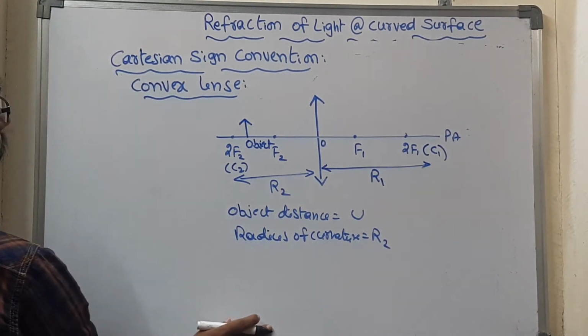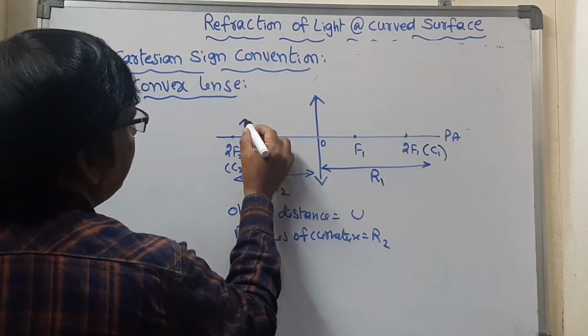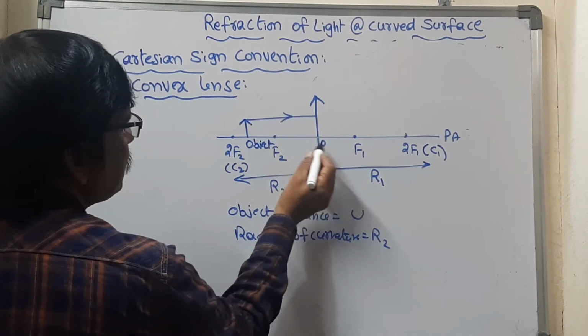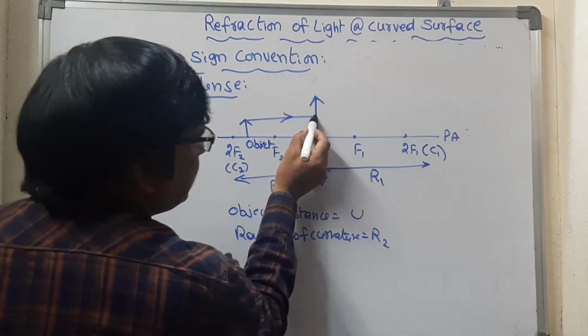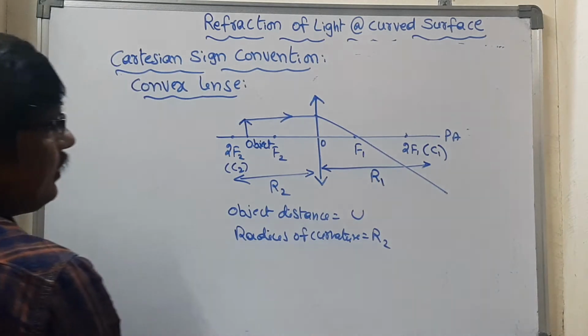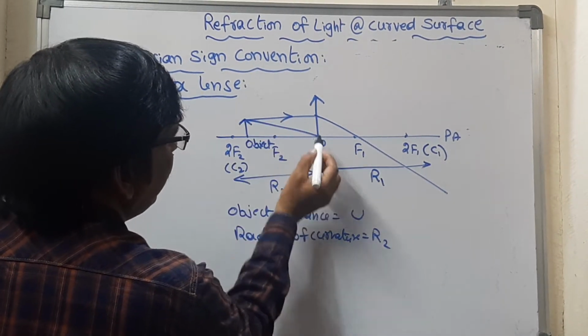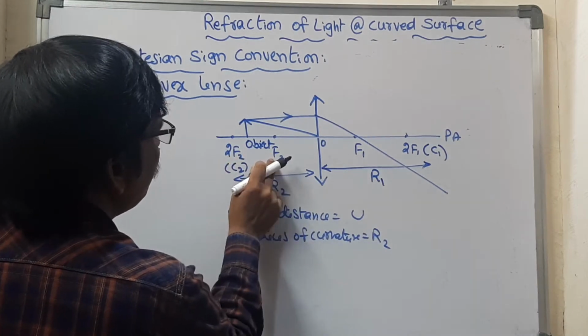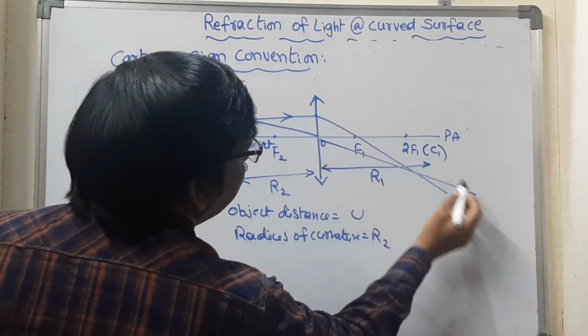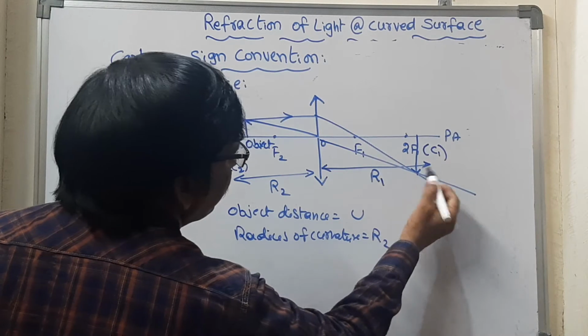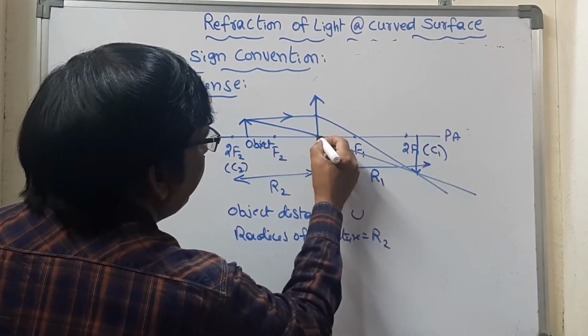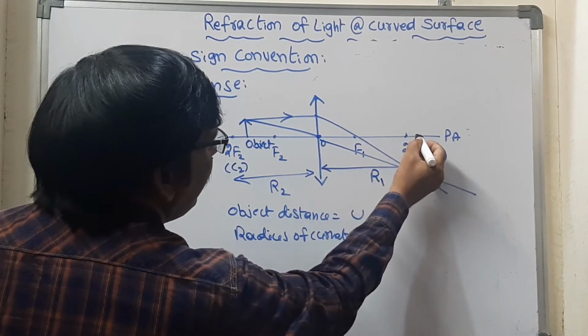Afterwards, what will happen? Now let us take a ray that passes through the focus. If we take one more ray also, they meet beyond here, and here the image is forming. This side is from the optic center to the image.